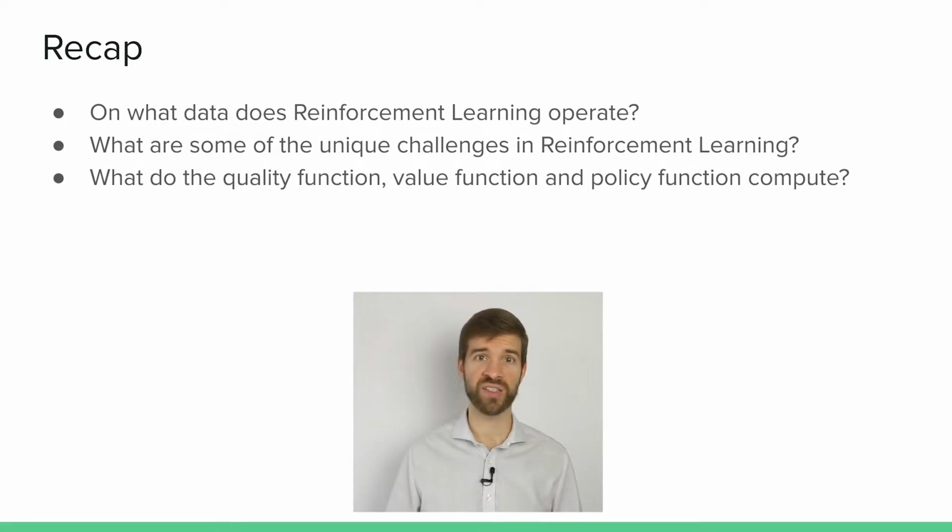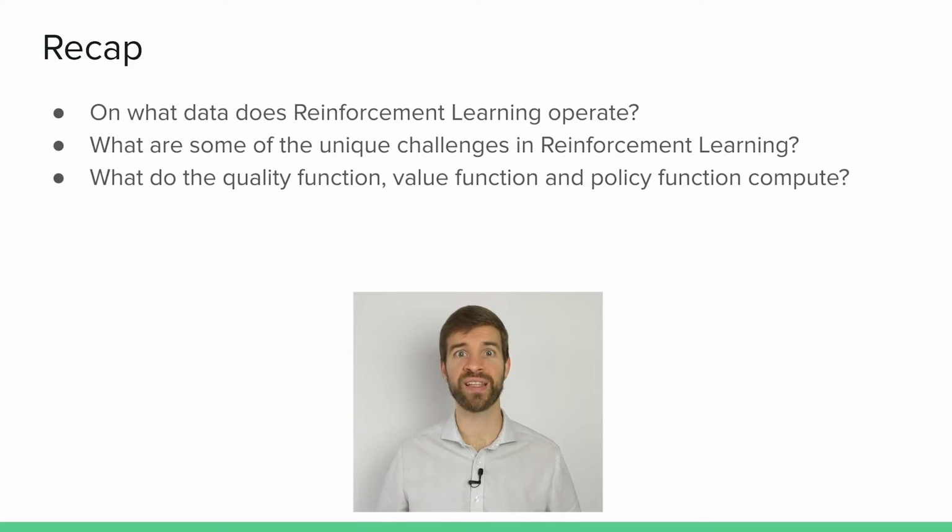The value function says, if I am in state S, whatever that may be, how good is that state in general without referring to a specific action. And the policy function is the function that computes the probability of the action A being the best action to take in our state S. So it's basically saying, you're here, go there.